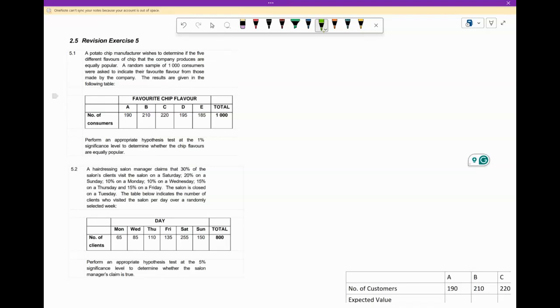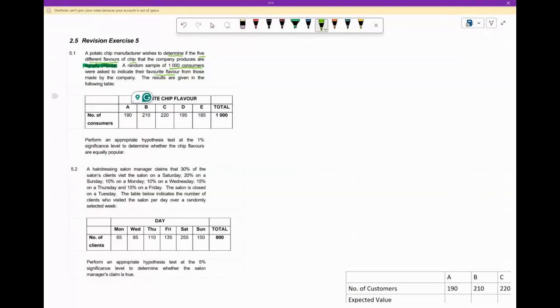So 5.1, it says a potato chip manufacturer wishes to determine if 5 different flavors of chip that the company produces are equally popular. Equally popular. Let me highlight that. A random sample of 1,000 customers were asked to indicate their favorite flavor from those made by the company.